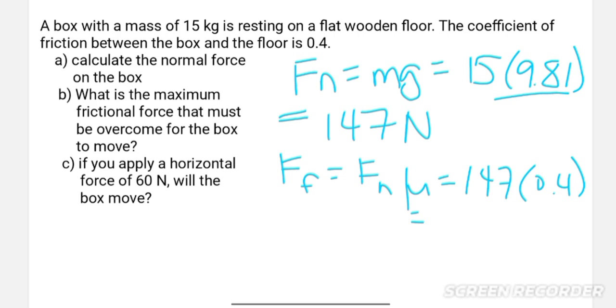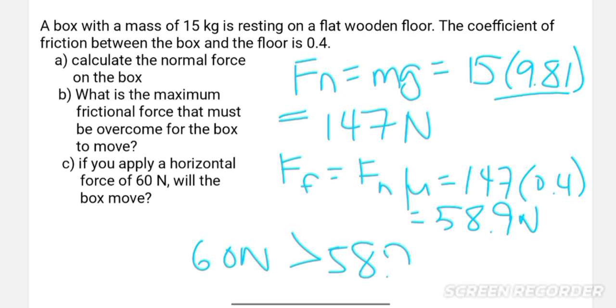We wind up with 58.9 newtons. And then next, 60 newtons is greater than 58.9.